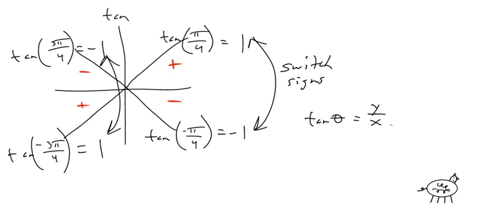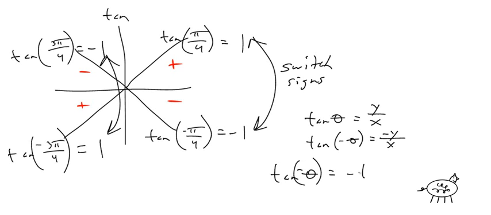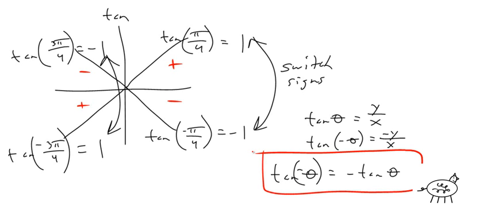And then if I go to a negative value, tangent of negative theta, that's equal to, the y is negative, right? Negative y over x. So it flips the sign. Okay, so I can say tangent of negative theta is equal to negative tangent of theta. So if the angle is negative, it's the same thing as taking the tangent of the positive angle and putting a negative in front of it. So this again, math fans, is going to have a red box around it.